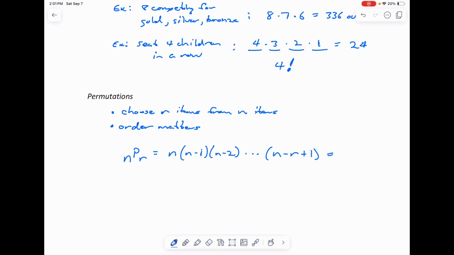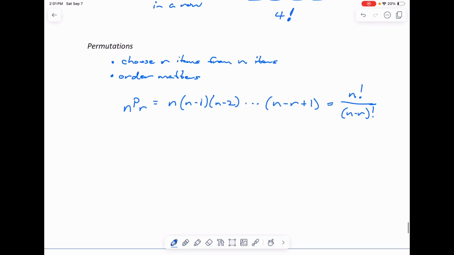There is a formula, so you don't have to keep multiplying 8 times 7 times 6 times 5 and so on, and that is to take n factorial divided by n minus r factorial. If you've got a calculator or use some kind of technology online, or Excel, you could use factorial to simplify the process a little bit. So I'm going to do that example of 8 choosing 3 that I just did with the gold, silver, bronze.